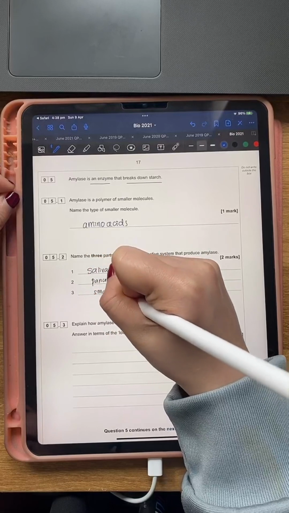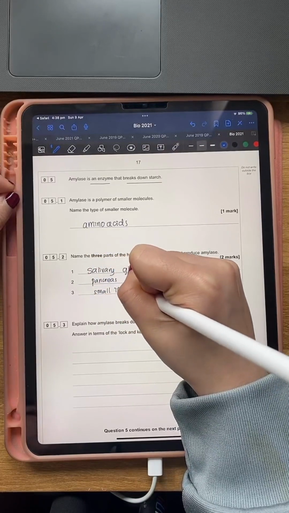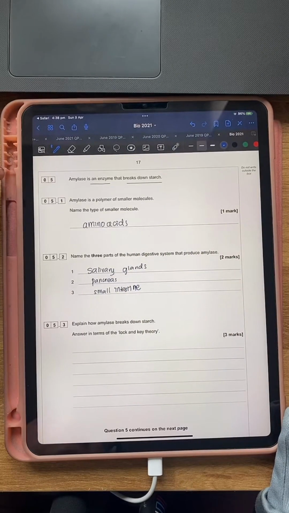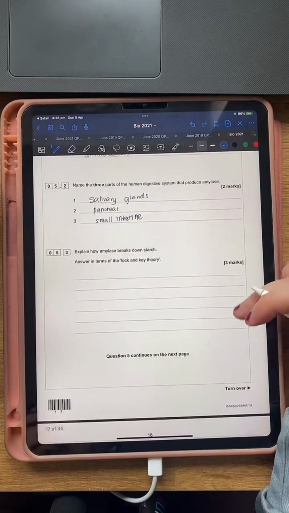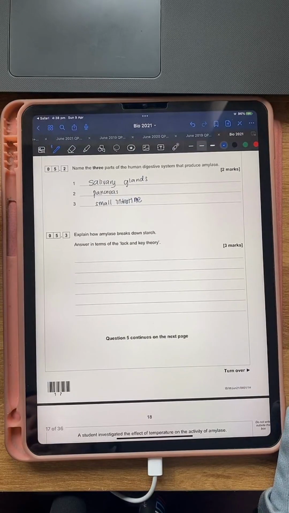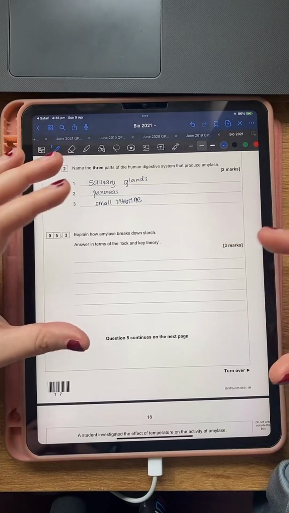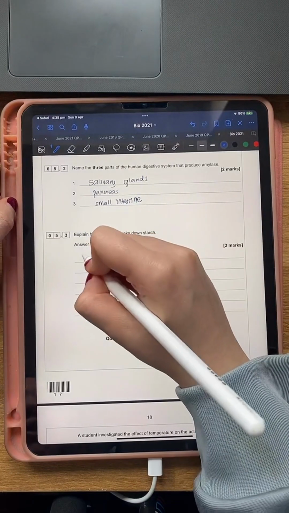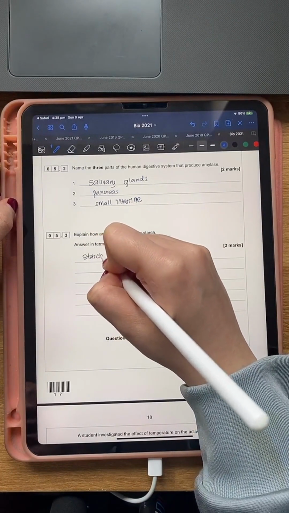Explain how amylase breaks down starch. Answer in terms of the lock and key theory. Okay, so we have the lock and key now. If they ever ask you this question, the answer is the same every single time, so you can just memorize it literally. So you have here, starch binds to active site. Starch is the substrate. It binds to the active site of the enzyme.